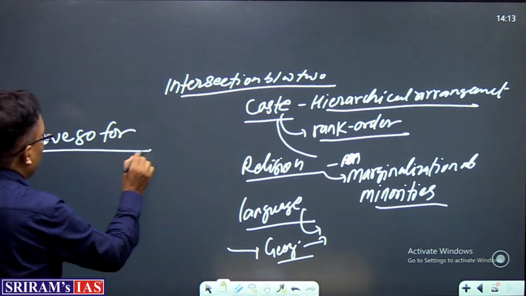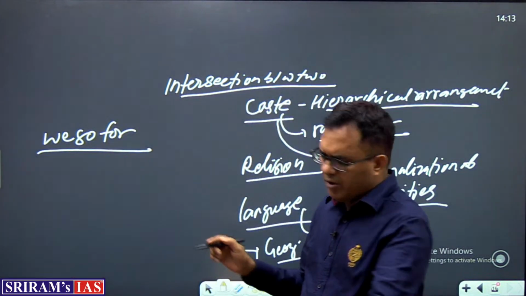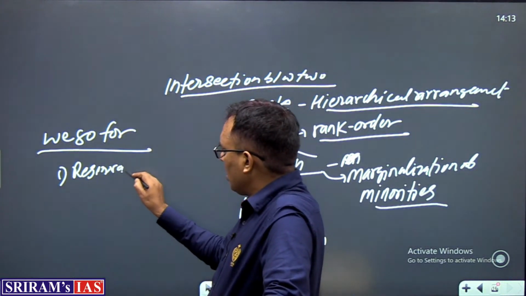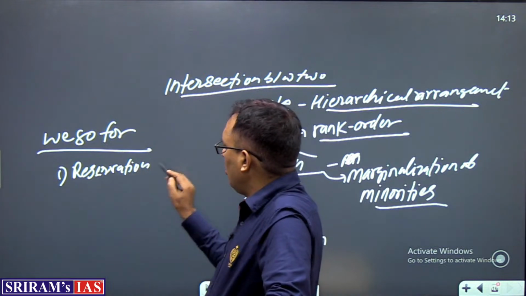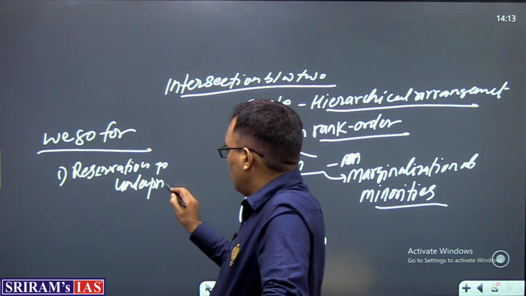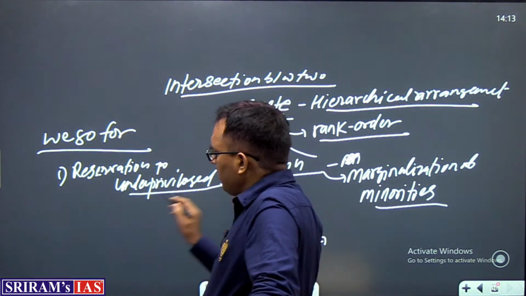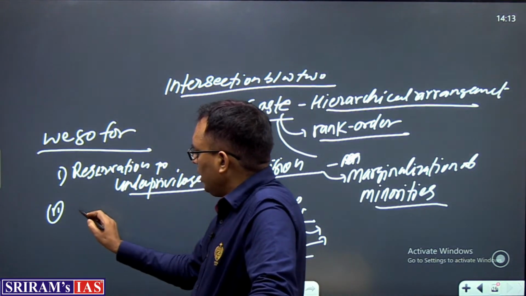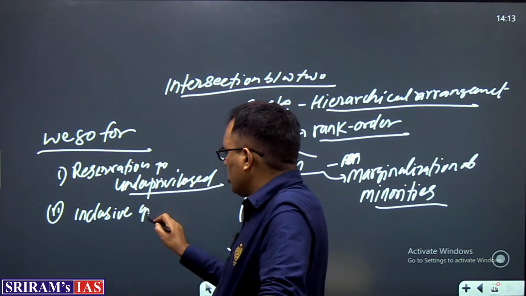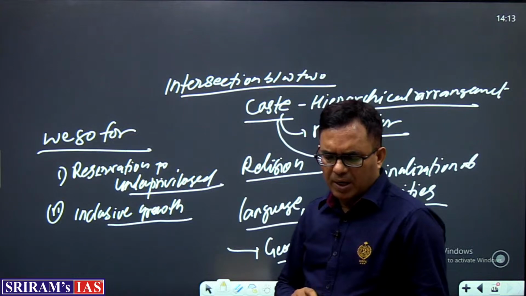Efforts are being made by the government, for example reservation for the underprivileged, which is needless to say part of inclusive growth, the promotion of the idea of inclusive growth, sabka saath sabka vikas.